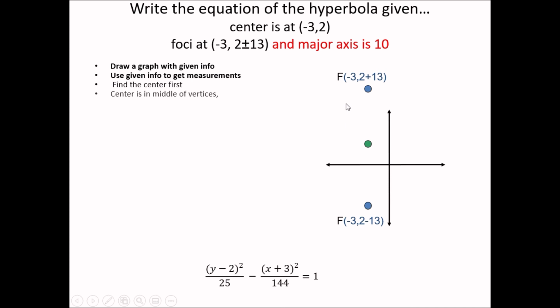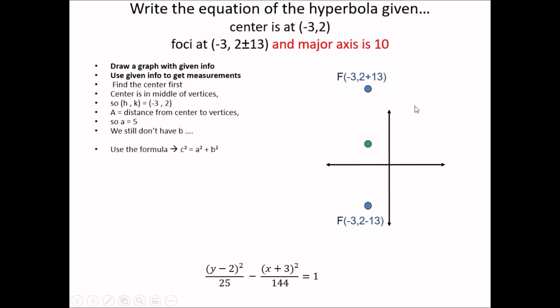Yung center niya is given na siya, negative 3, 2. Since sabi dito, yung major axis is 10, ibig sabihin yung A is 5. Wala pa tayong B, pero meron na tayong C. Ano yung C? Yung units or yung distance from foci to center.